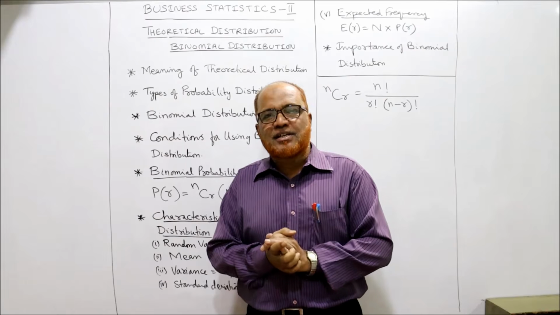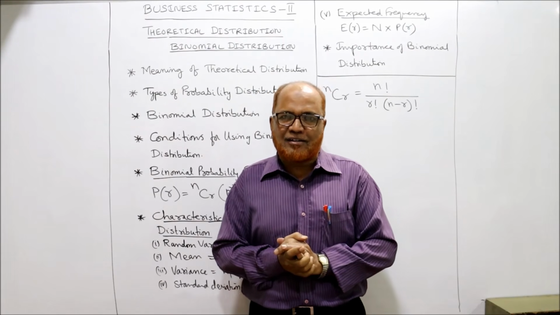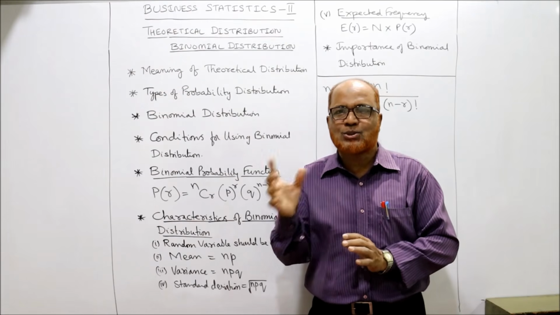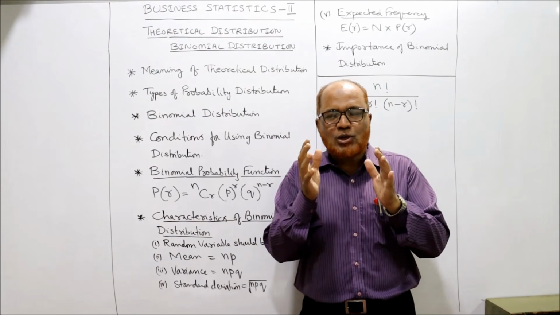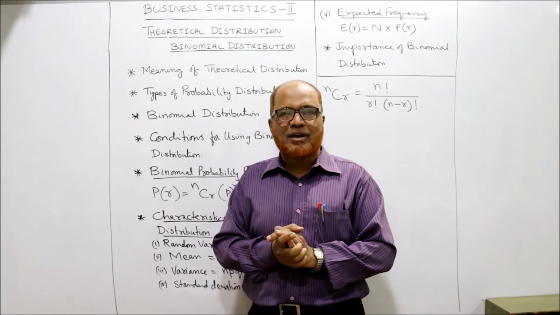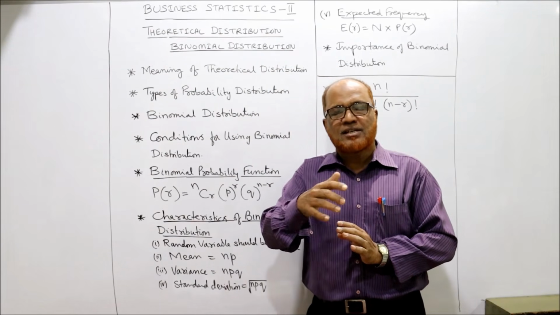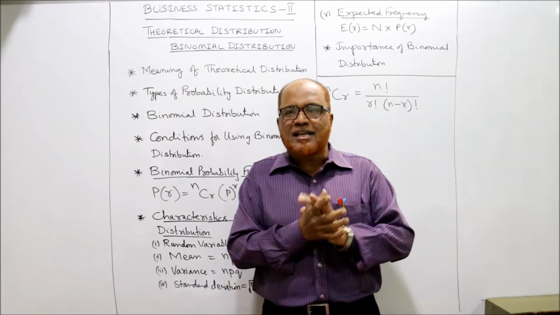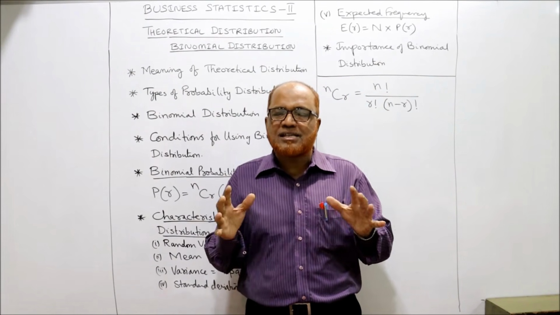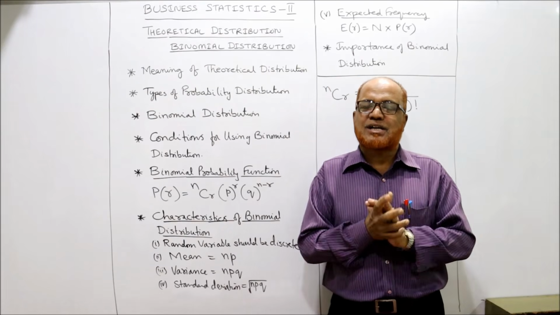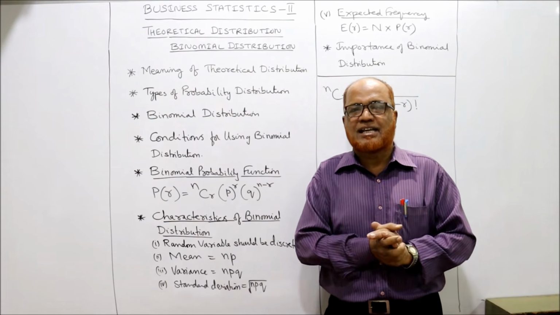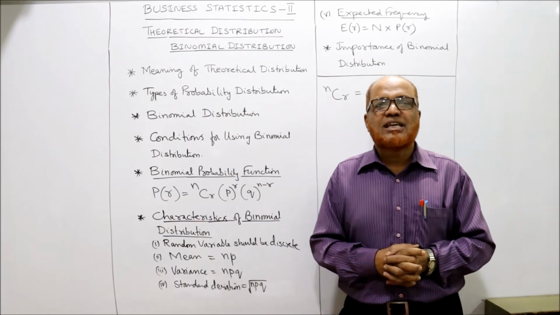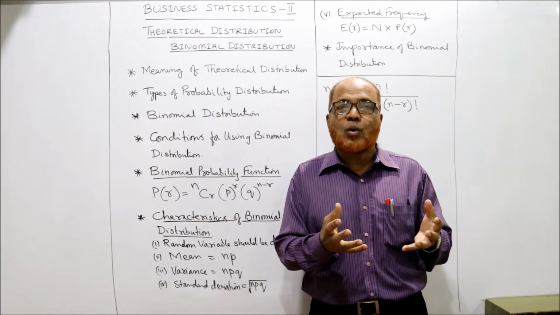After completing the subject Business Statistics 1, now I am going to start the second part, Business Statistics 2. Because there is a lot of pressure from my viewers to give the topics of Business Statistics 2. So already in Business Statistics 1, we have covered the basics of statistics, introduction to statistics, diagrammatic and graphic presentation, measures of central tendency, measures of dispersion, skewness, and correlation analysis.